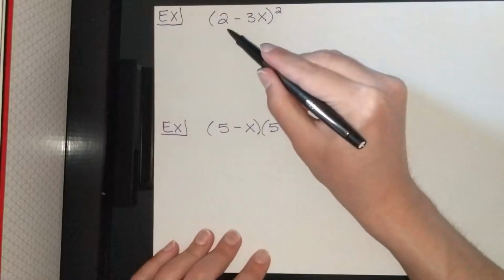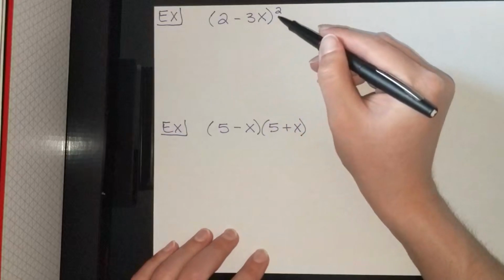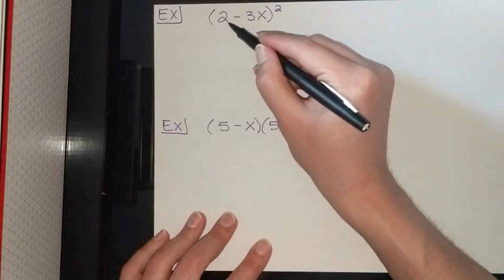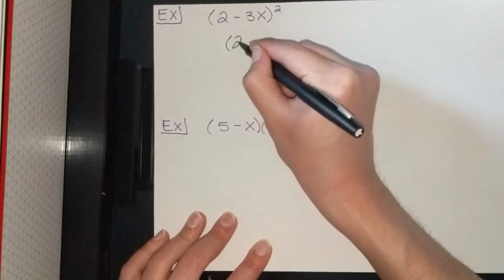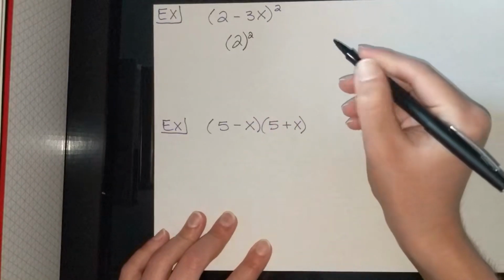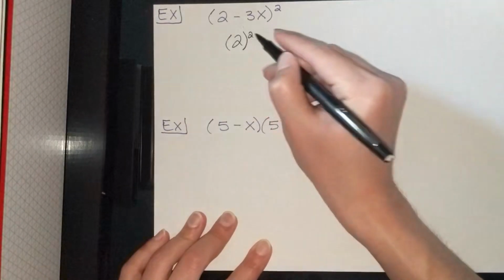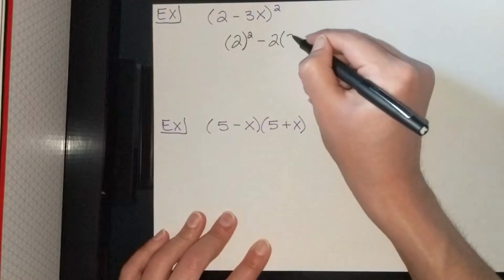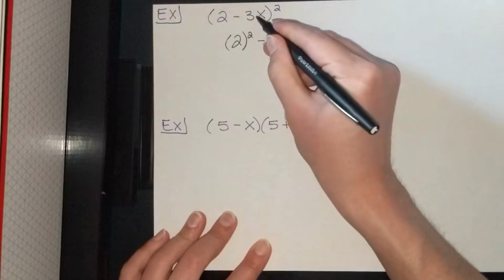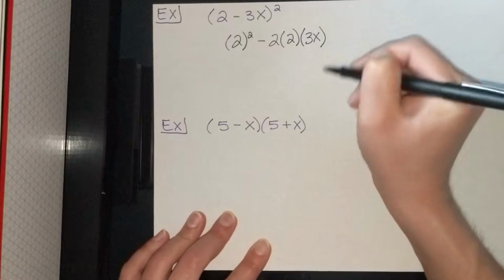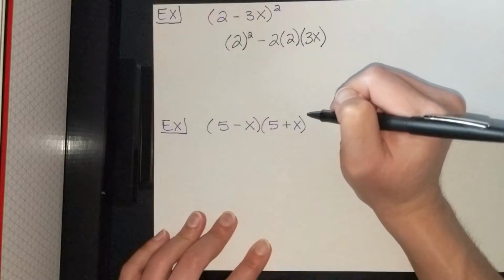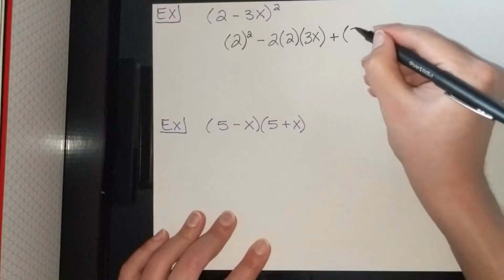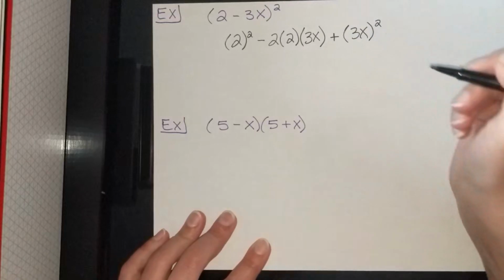For the first one, we have 2 minus 3x quantity squared. So, our formula says we take the first term, 2, and square it. We're subtracting, so we put minus 2 times the first term, 2, times the second term, 3x, and then plus the second term squared, 3x squared.